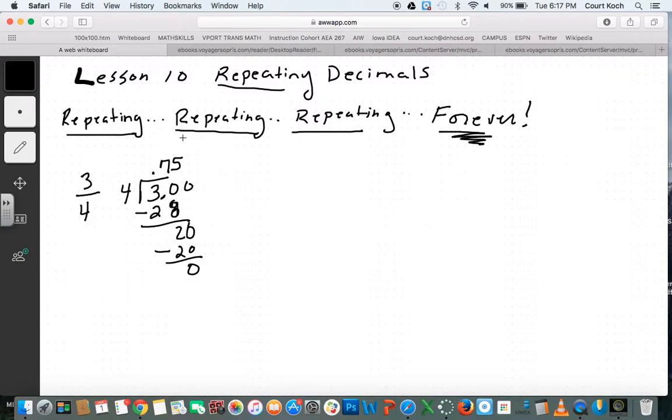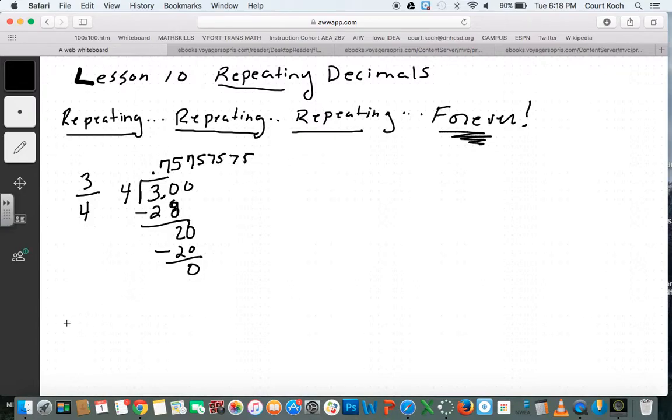We're going to find a whole bunch of fractions that have a repeating value. It may be one number, it may be two numbers or more, but they repeat over and over again. So rather than just 0.75, we might see decimals that look like 0.75, 75, 75, 75.